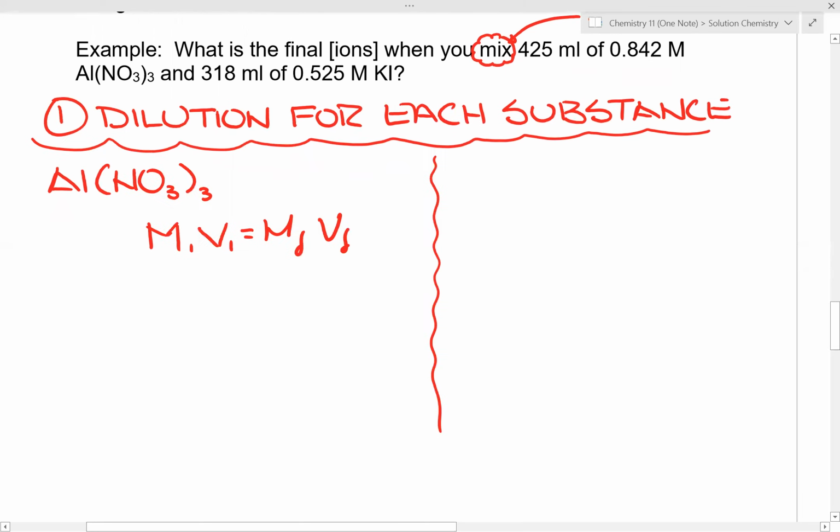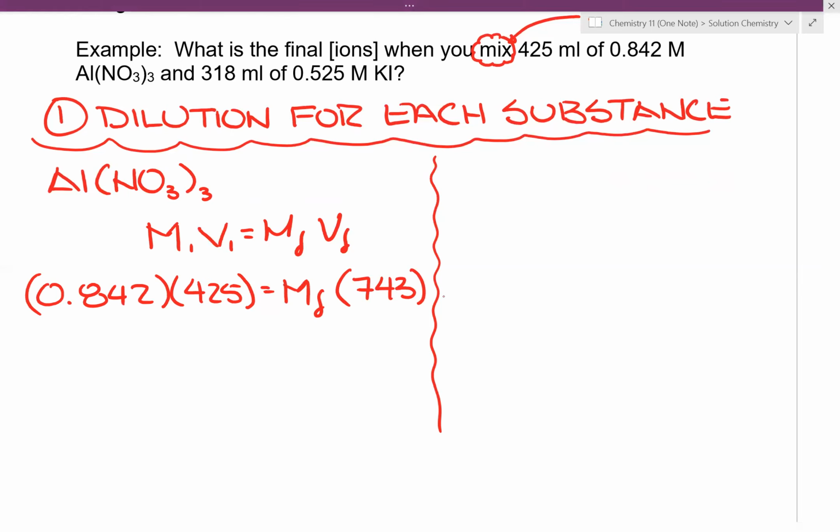And in this case, the initial molarity is 0.842. The initial volume would be 425. The final molarity you don't know. Final volume is 743.